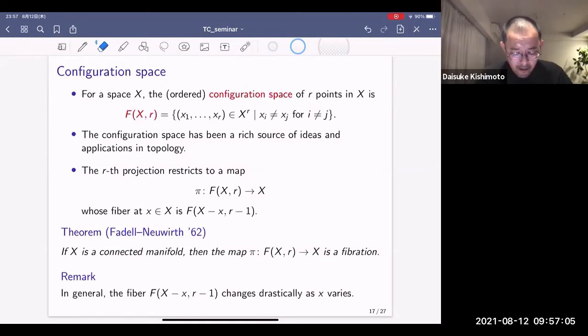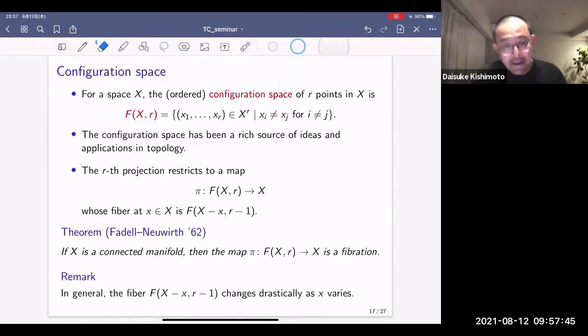One of the fundamental tools to study this configuration space is the Fadell-Neuwirth fibration for a manifold X. F(X, R) is a subspace of X to the R. So we have a map pi from F(X, R) to X, which is the restriction of the projection. And if X is a connected manifold, this map is actually a fibration.